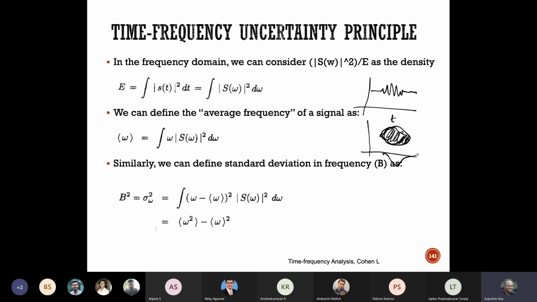So the marginal here is going to be a Gaussian, and here also it's going to be a Gaussian. The more stretched out it is in time, the more squished it gets in frequency.